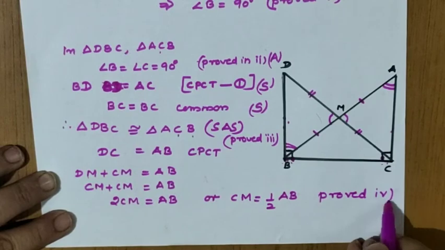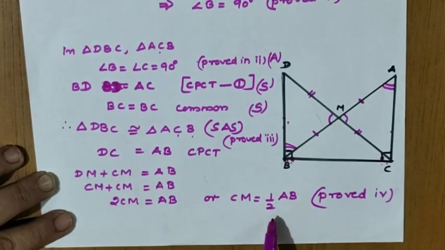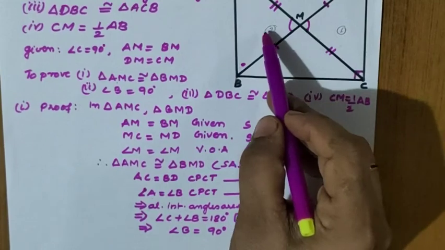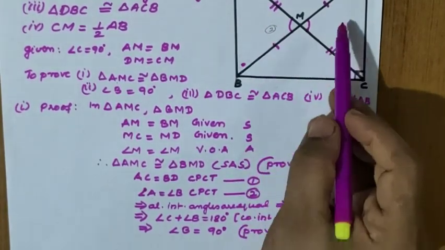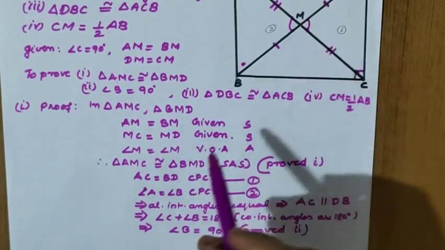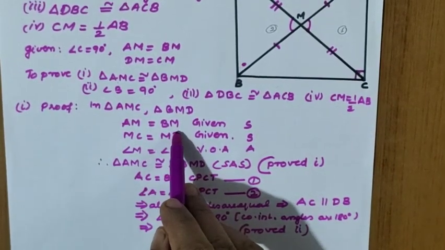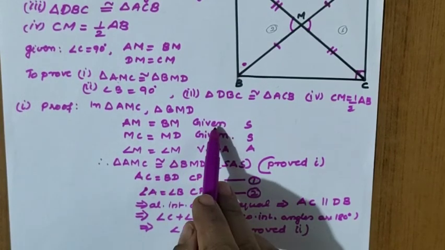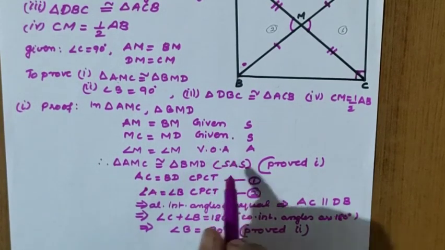Once again I'll repeat. So what we have got, all the steps we have proved here: CM equal to half AB. I repeat, first we have to prove these two triangles are congruent. So for that, first equal side, second equal side, then one included angle, that is AM equal to BM, MC equal to BD, angle M equal to angle M. What are the reasons? Given, vertically opposite angles.